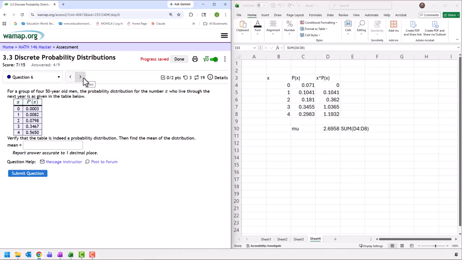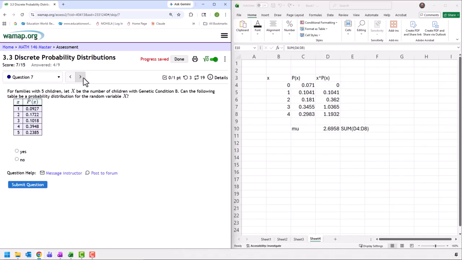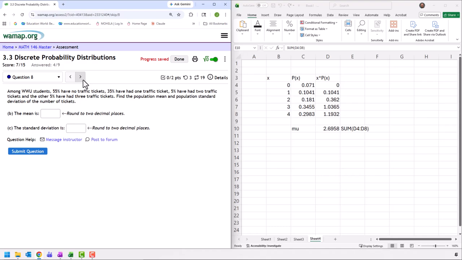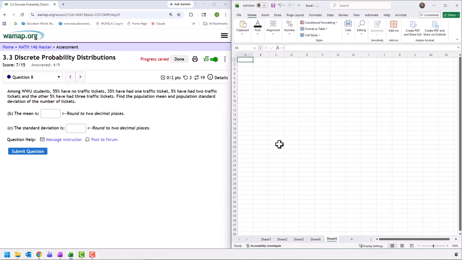Okay. Another one, we're finding the mean. Another probability distribution. Here it says among Western Washington University students, 55% have no tickets, 35% have 1 traffic ticket, 5% have 2 traffic tickets, and the other 5% have 3 traffic tickets. Find the population mean and the population standard deviation of the number of traffic tickets.